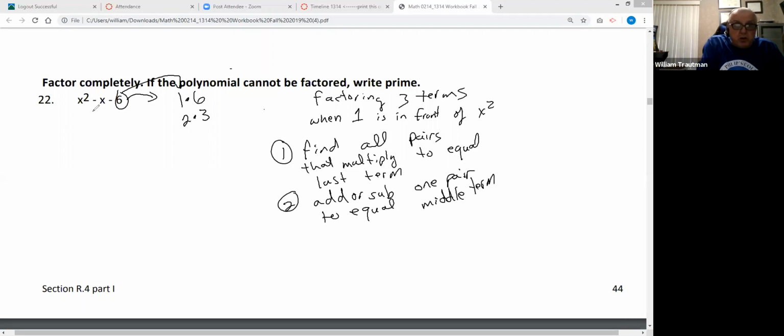The middle term is -1. So what I'm asking you for step 2 is add or subtract these pairs. If I do a +6 and a -1, I get 5. That doesn't equal a -1.